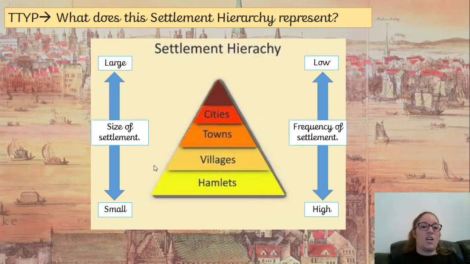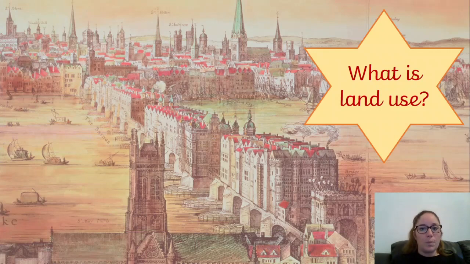So the size goes from smallest to largest if you go from the bottom upwards, and there's more hamlets than there are cities, because they're smaller, so you can fit more in. Cities have thousands and thousands of people, so they're harder to fit onto land, which takes us on to land use.